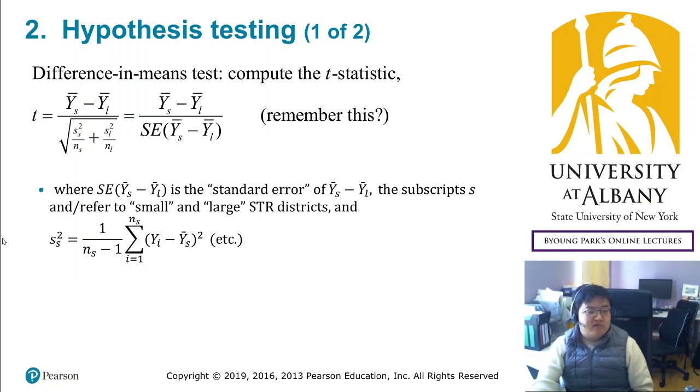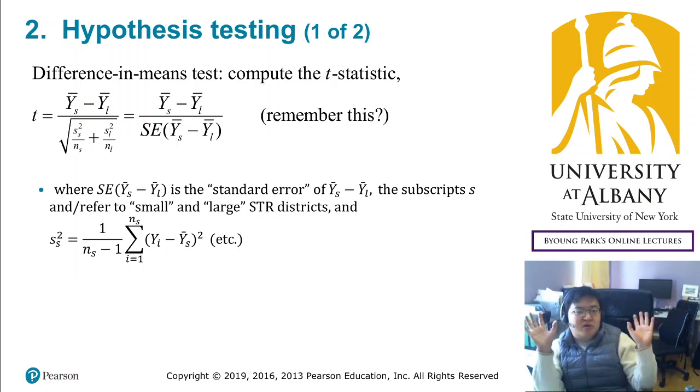And the standard error is calculated this way. I'm not explaining why we get this. That's from 320, but the idea is the same. Based on this t-statistic, if it is close to 0, that means the data and the hypothesis are more consistent.